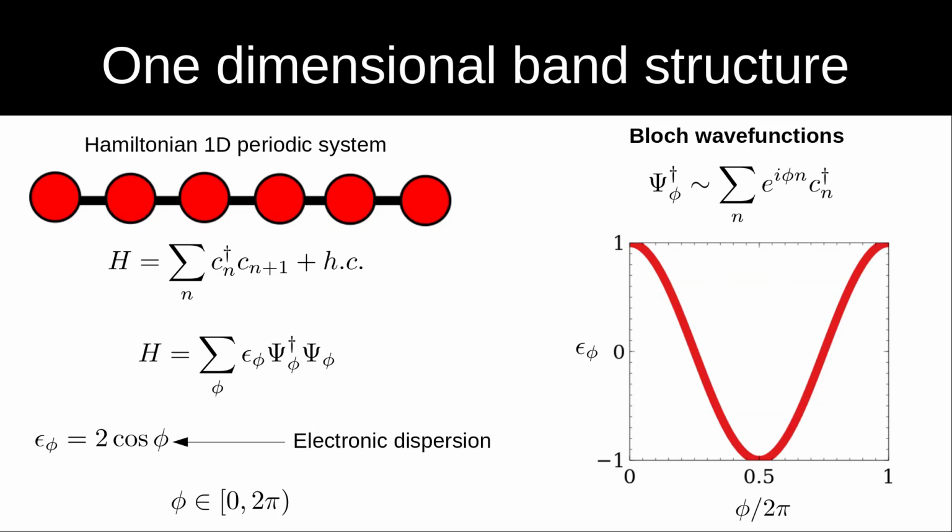What this actually means is that the effective mass at the top of the band is opposite to the effective mass at the bottom of the band. So at the bottom of the band, we are going to have electrons, quasi-particles with positive mass. At the top of the band, we are going to have what we usually call holes, so quasi-particles with negative mass.